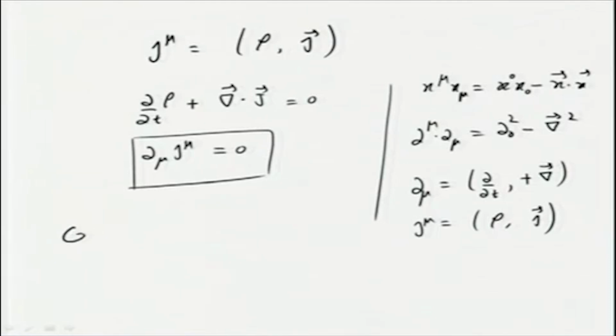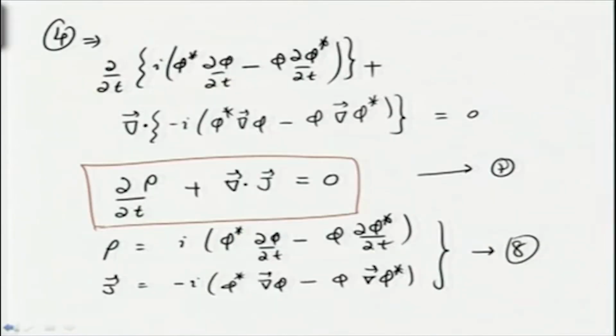The physical interpretation is this. If you look at the expression in equation 8, j is something we were already familiar with in non-relativistic quantum mechanics.